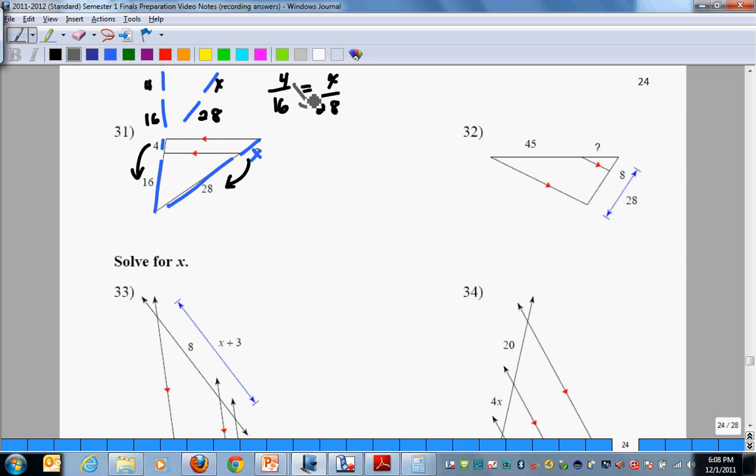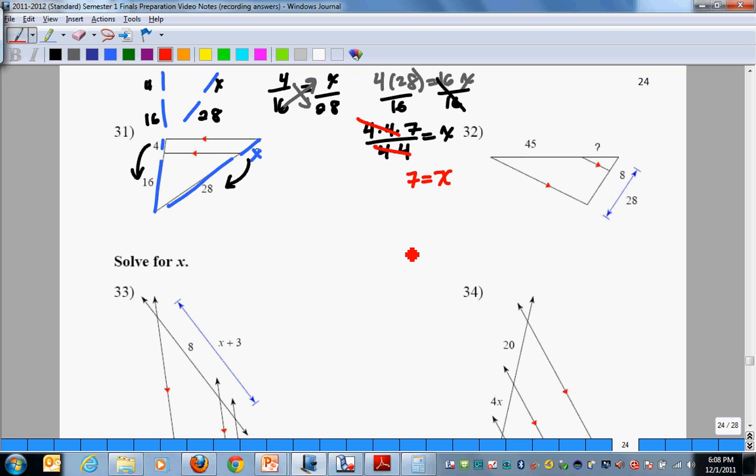You cross multiply. We're going to get 4 times 28 equals 16x. Of course, we divide by 16. Now we're going to factor. This is 4 times 7. This is 4 times 4 equals x. 4's cancel, so x equals 7.